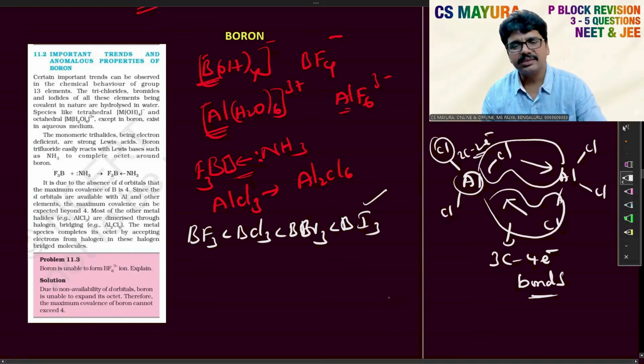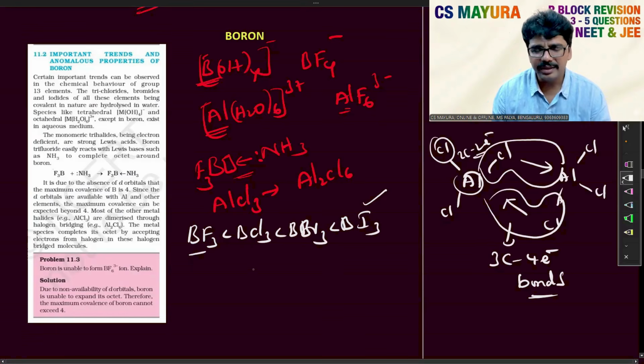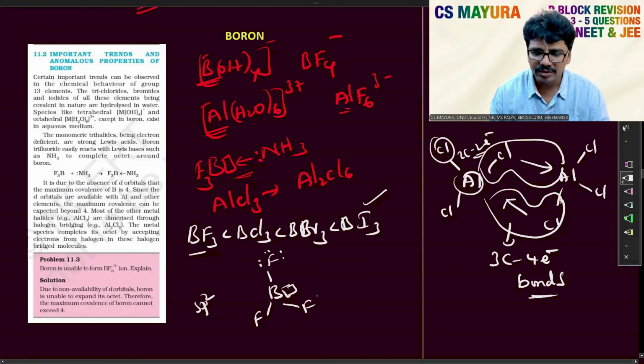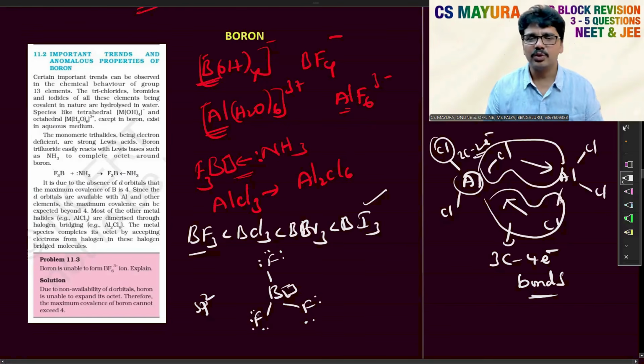The least acidic nature is for BF3 because in the BF3 molecule there is back bonding. BF3 has a trigonal planar structure, sp2 hybridization, and there is a vacant orbital. Fluorine has a lone pair of electrons. To give boron the complete octet, fluorine is contributing 2 electrons to the vacant orbital of boron. So 6 plus 2, total 8 electrons.